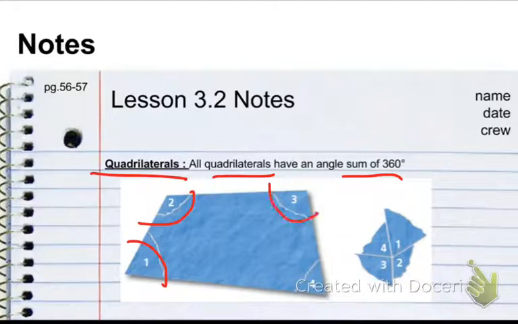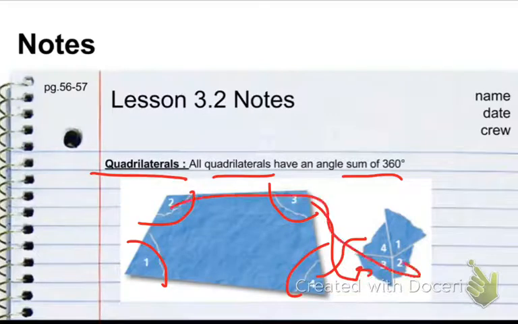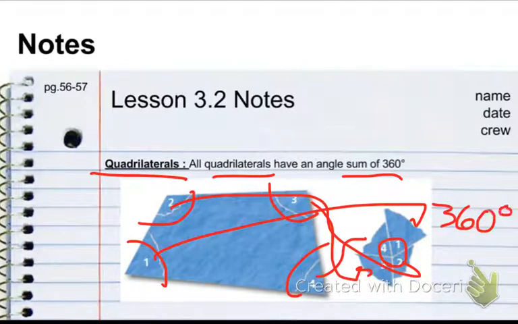And if you cut their angles off and reassemble them, they will fit together perfectly like pieces of a puzzle with no gaps, meaning they have 360 degrees of angle in the interior angles of this shape. They will always add up to 360 no matter what.